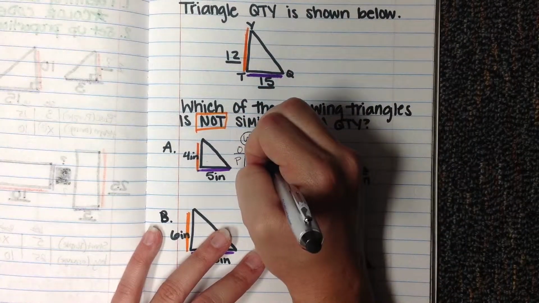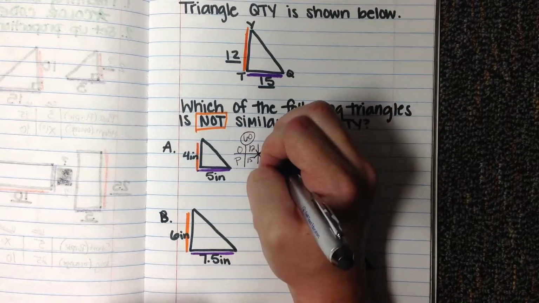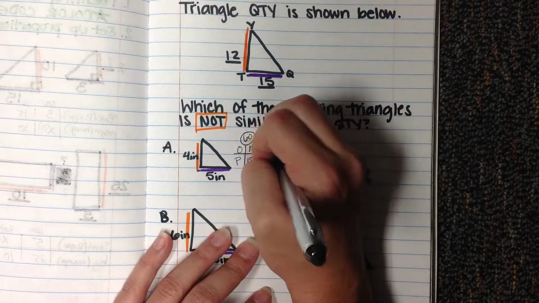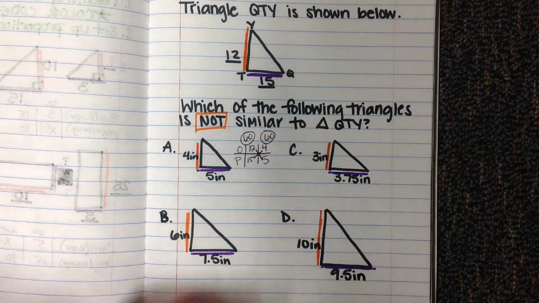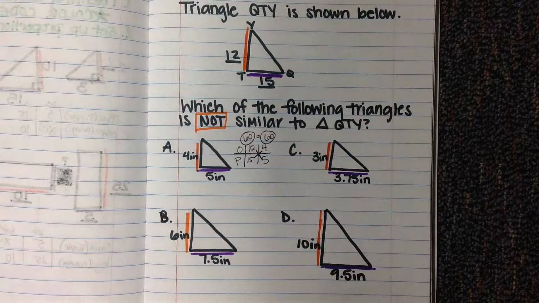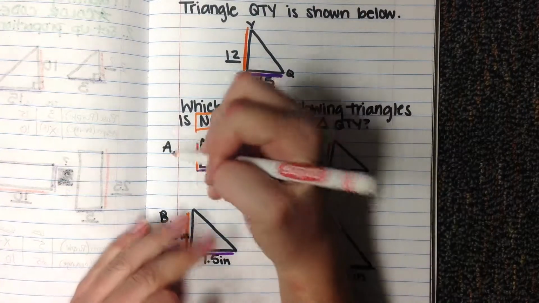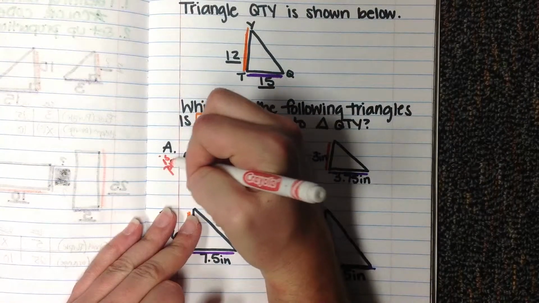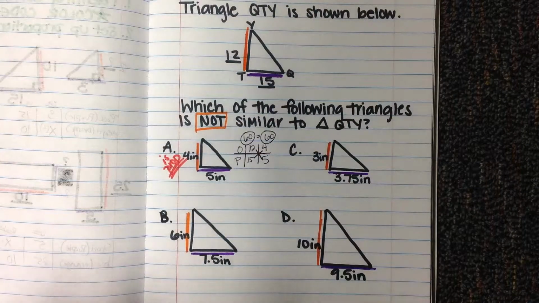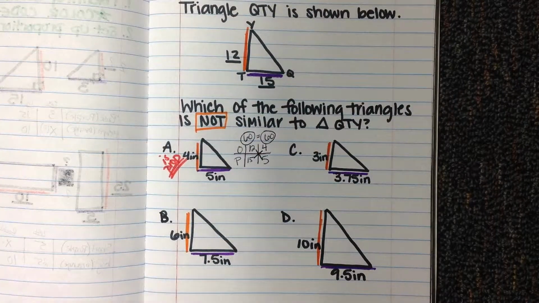I know that 15 times 4, well, 15 times 2 is 30, so 15 times 4 is also 60. 60 equals 60, I know that for sure. So A is proportional.